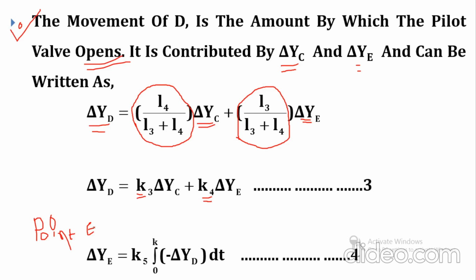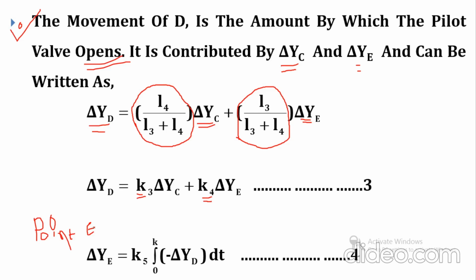So that is the continuous duration, and we can say that the movement of valve at point E is a function of time, because there will be a time taken by the oil to enter into the cylinder and the steam valve to open or close based on the operation.